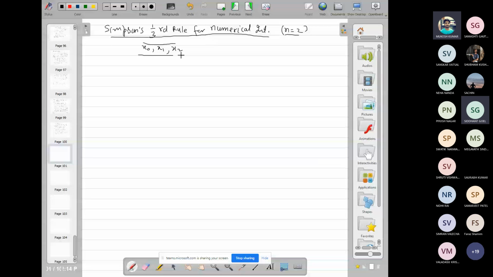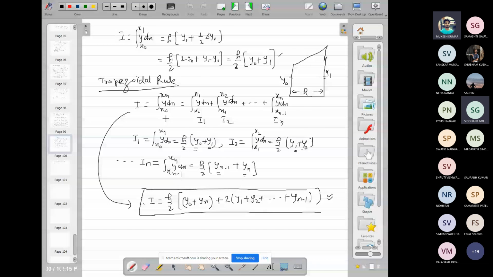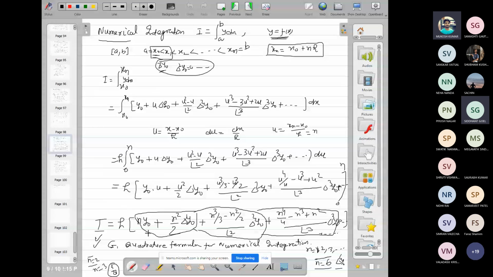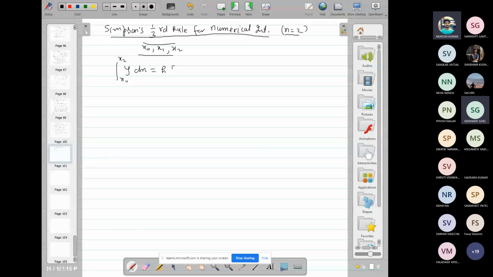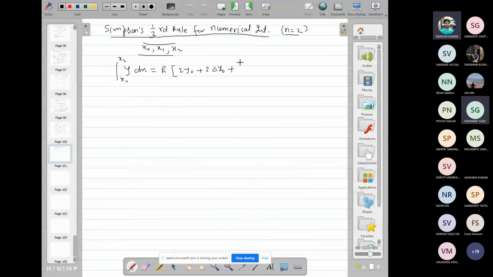So therefore we have the integral from x0 to x2 of y dx equal to, in the general quadrature formula, h (n y0 with n is 2, 2y0 plus n square by 2 with n square 4 by 2, del y0 plus third term n cube by 3 minus n square by 2, with n cube 8 by 3 minus n square by 2, into 1 by 2 factorial del 2 y0). Another term will be 0.